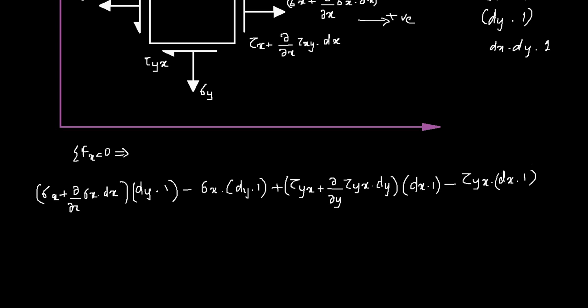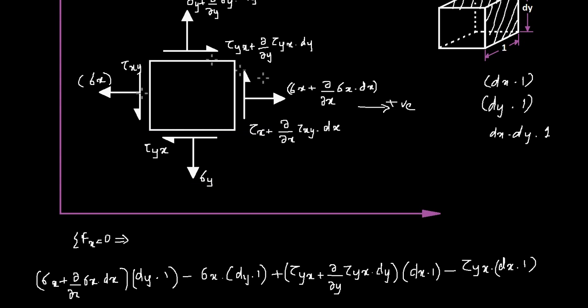Now we have one more force here, which is any body force or any inertia force or any electromagnetic force in this field. We just take it as along the x direction, X per unit volume, and the one in y direction we take as Y per unit volume.